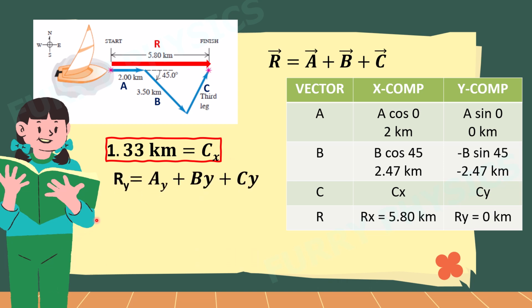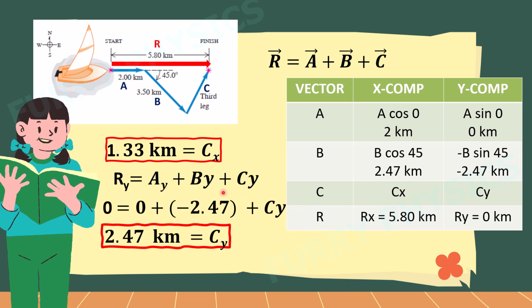Again, we start with Ry is equal to Ay plus By plus Cy. As you can see on the table, in the third column for the y component, Ry is 0, Ay is 0, By is negative 2.47, and Cy is unknown. Hence, the only unknown in the equation is the y component of C. Therefore, the y component of C is positive.